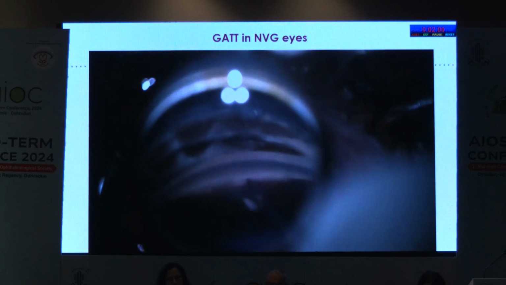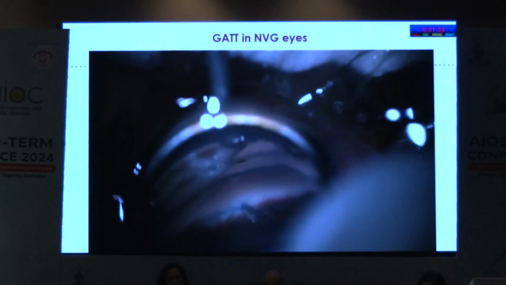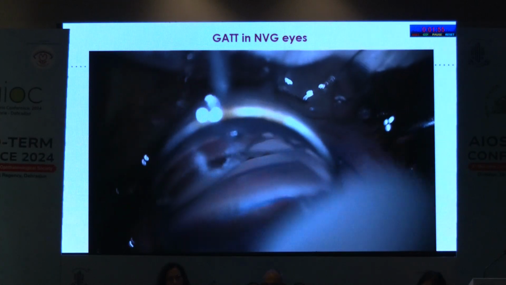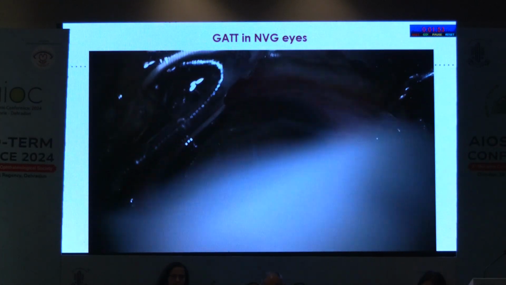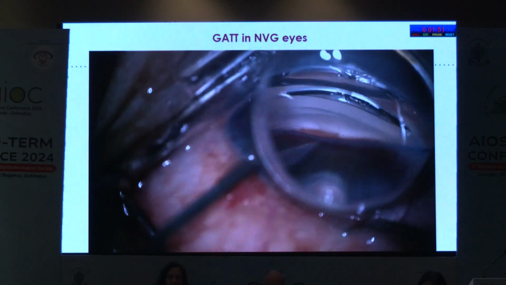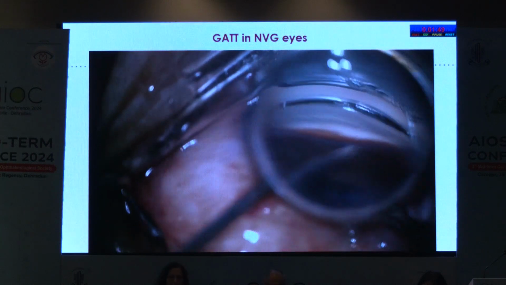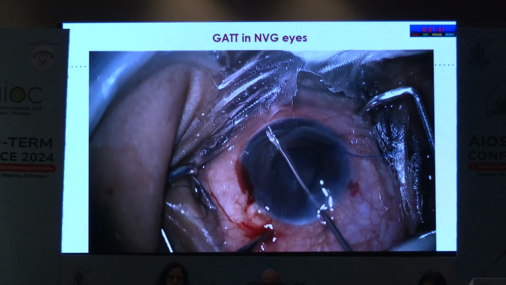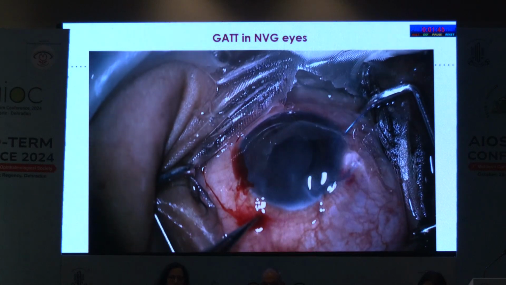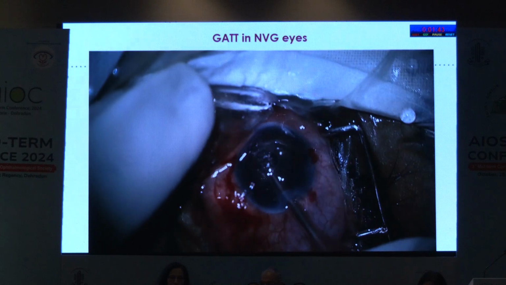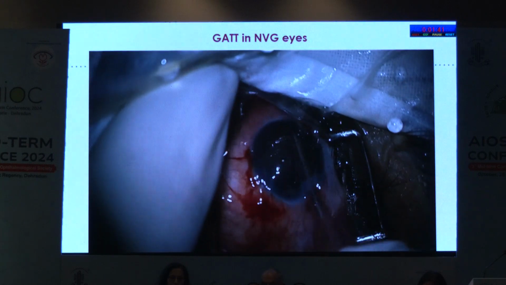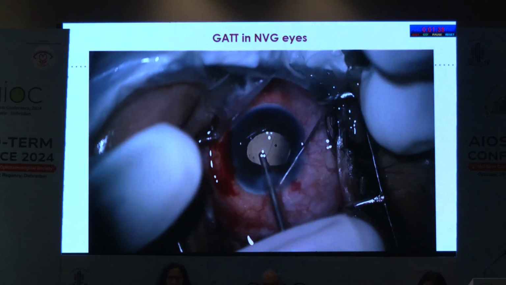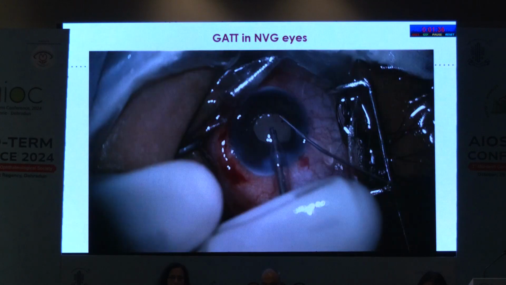And with the IOP lowering, once we are done with that, it leads to the falling back of the iris automatically, and they have to be given pilocarpine for some time, and then they don't go back again to form synechiae. So in this case, 180-degree was done here, and then the surgery was closed.